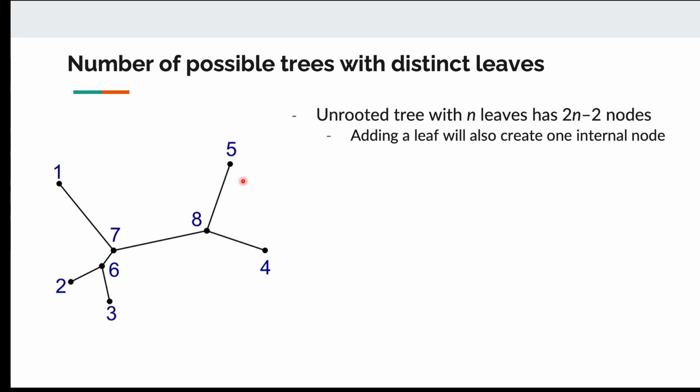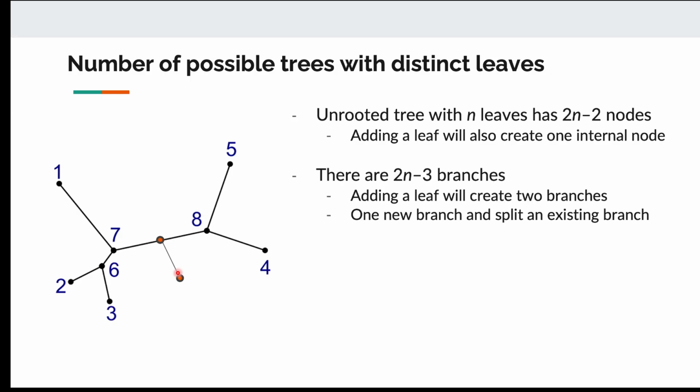If we want to add more species, more taxa, to the tree, what we are doing is picking a certain position in the tree and adding a new branch. We are doing this every time, so we add 2 nodes at a time. Basically in this tree, if we have 5 leaves, 5 species, we have 8 nodes and we have 7 branches.